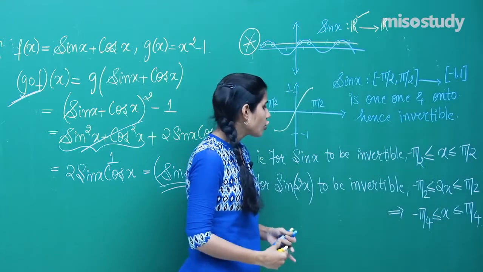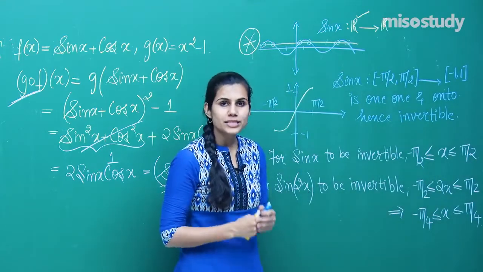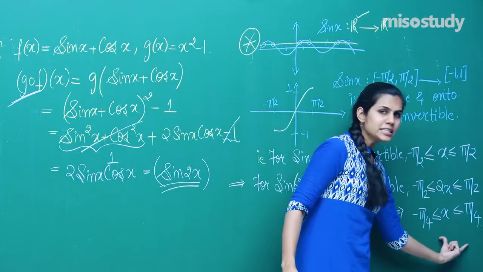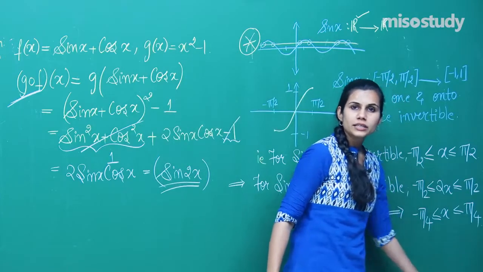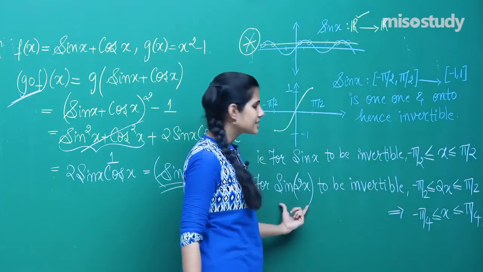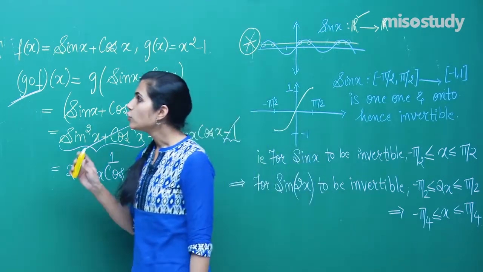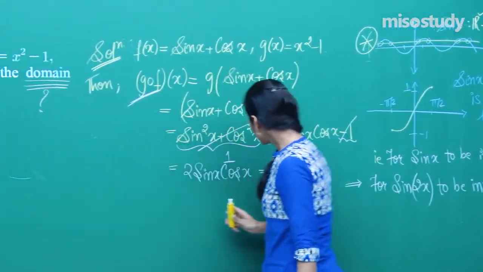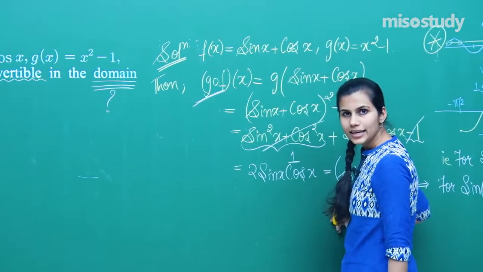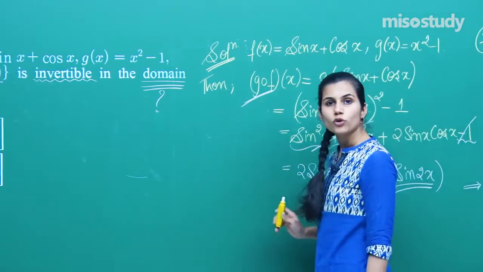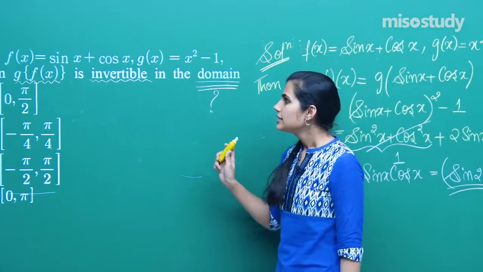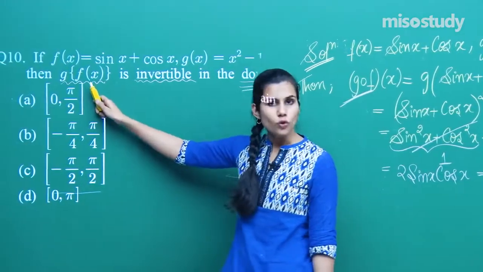That means corresponding to the input set minus pi by 4 to pi by 4, closed interval, I can guarantee that sine 2x is invertible. And so the domain which is making sine 2x invertible is minus pi by 4 to pi by 4, and sine 2x is what is my gof.